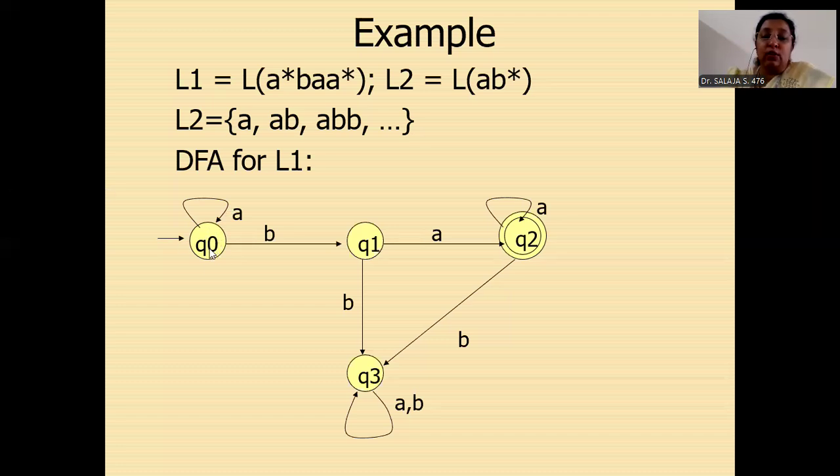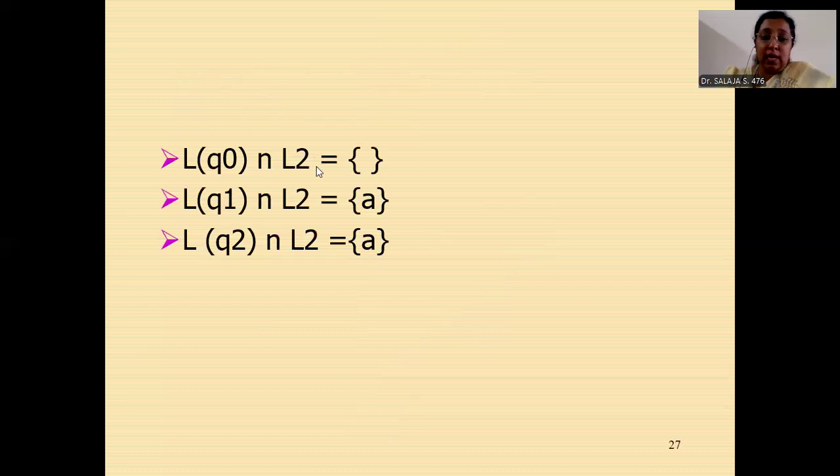There is no way I can go to Q2. On AB, you can reach only Q1. If I read ABB, A keeps Q0, B goes to Q1, and the next B goes to Q3, the trap state. And therefore, L of Q0 intersection L2 is a null set.